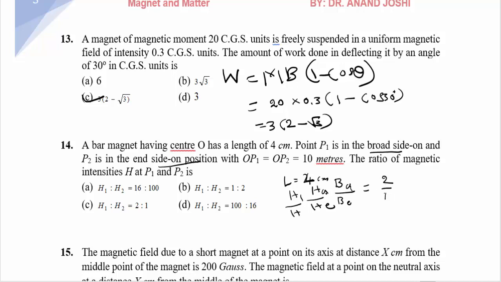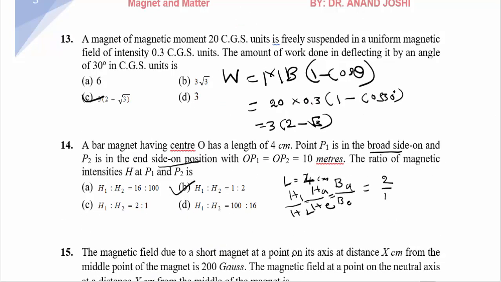H1 by H2 means HA by HE, which means B axial by B equatorial, 2:1. Option 14 is B. Direct formula, no need to substitute. Next question, the 15th.